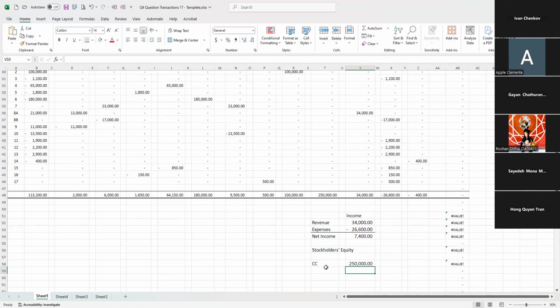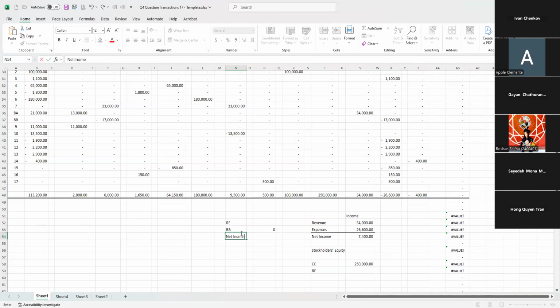Yes. Next will be retained earnings. For the retained earnings, we need a new calculation. If you still remember, we need the beginning balance. The beginning balance was 0. Then we're going to add net income.